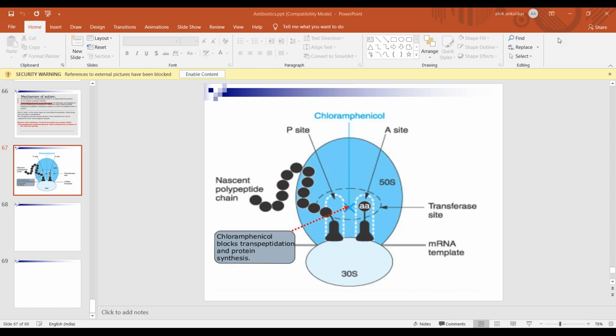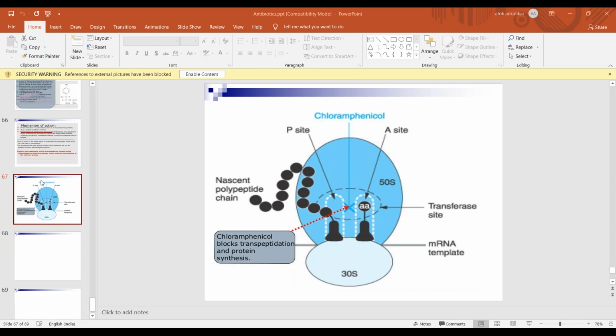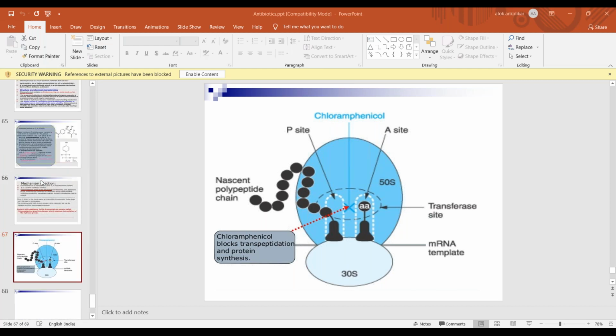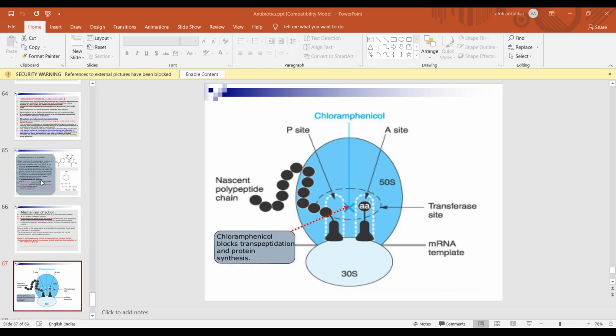That is, like chloramphenicol, they also bind to the 50S ribosomal subunit, thereby preventing protein synthesis. Okay, so if you check the syllabus, we have completed the topic of antibiotics. All the examples also have been done.